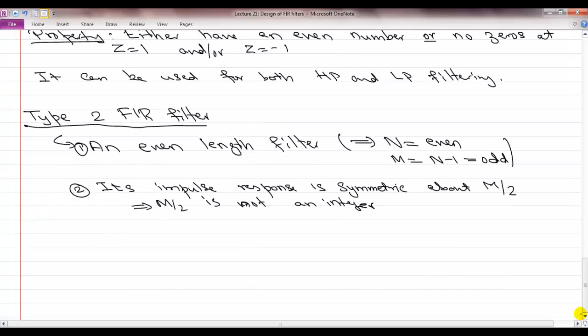So if I look at the shape, and I'm going to stick with the triangular shape, I have 0 sample here, I have m here, m minus 1 divided by 2 is a sample, and m plus 1 divided by 2 is a sample, but m by 2 is not a sample.